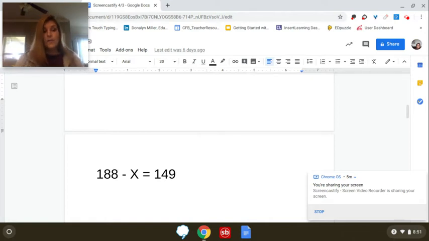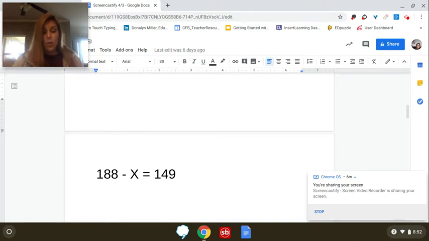So if I have 149 over here, then I have to have 149 over here. Right now, I have 188 over here and 149 over here. So with that, I know I'm going to subtract. Now, to find this out, there's a couple of ways I can do this.